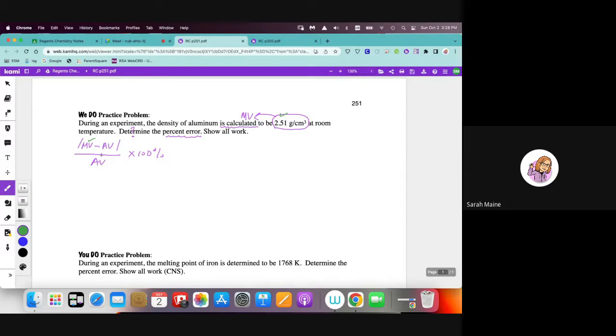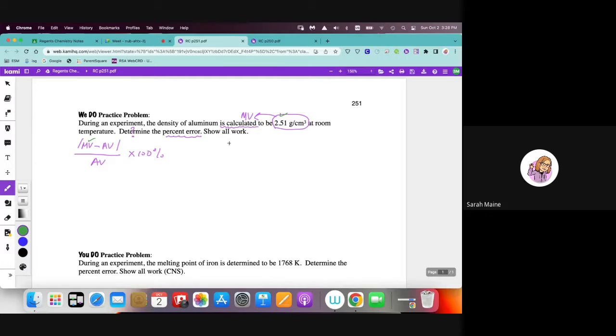But in order to solve this problem, I also need an actual value. So here's one of the things. If we need an actual value, but it's not provided anywhere in the given information, then it is understood that we know where to look and find it.